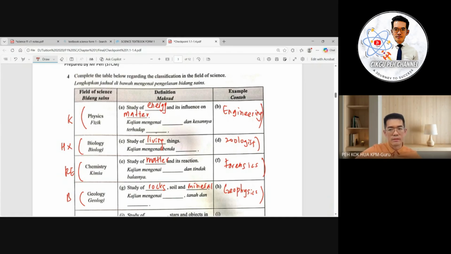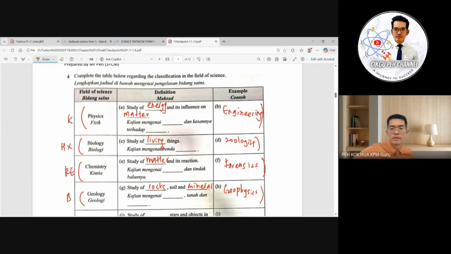So the answer is living. Choose one of the examples, zoologist, we went through just now. So chemistry, study of matter and its reaction. So the answer is matter, M-A-T-T-E-R. Then just now, Roy gave forensics, F-O-R-E-N-S-I-C-S. Which one is zoologist or zoology?